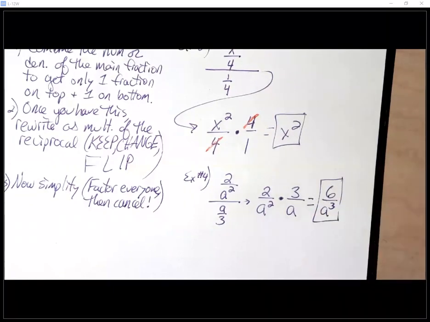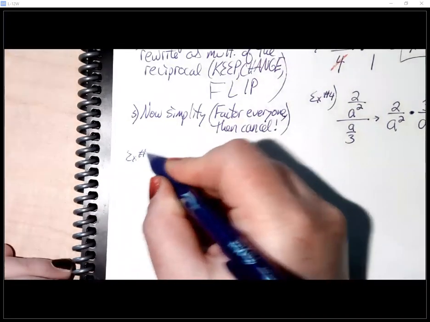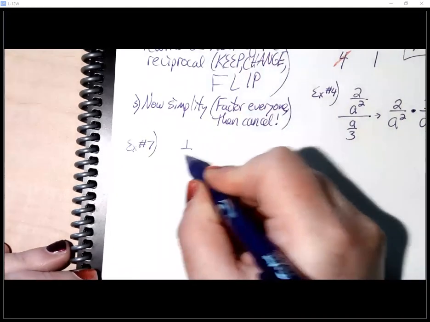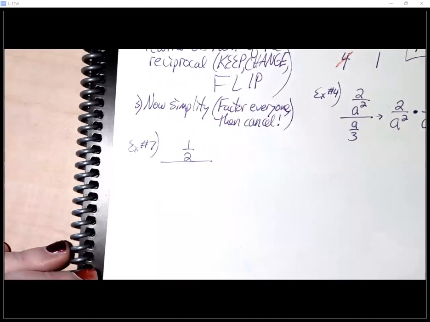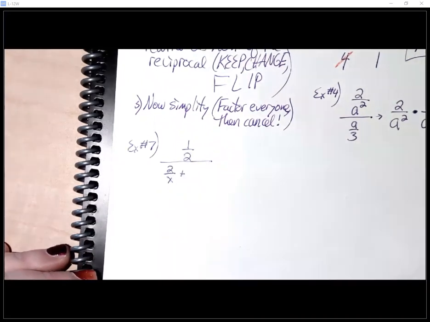Okay, let's do one that's a little bit more involved, though, where you do have to do a step 1. I'm looking at number 7. Okay, so number 7, the original looks like this. We have 1/2, and we're gonna divide 1/2 by 2 over x plus 4 over x.